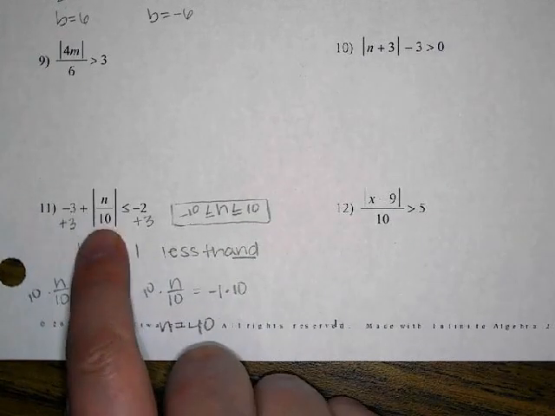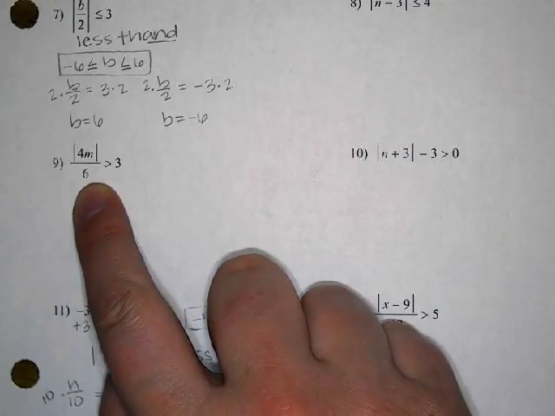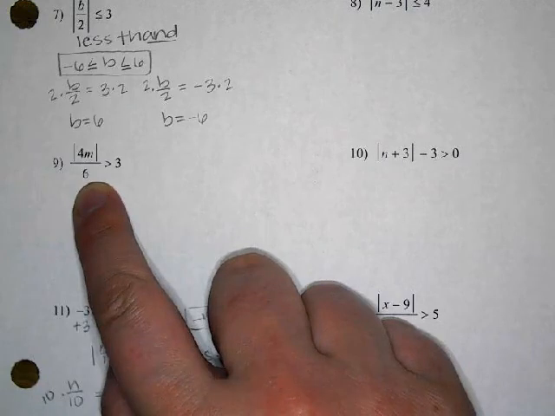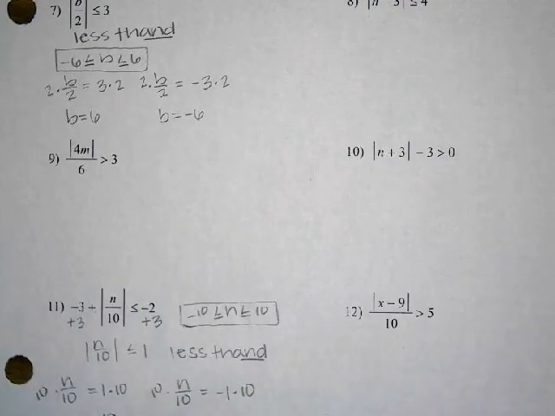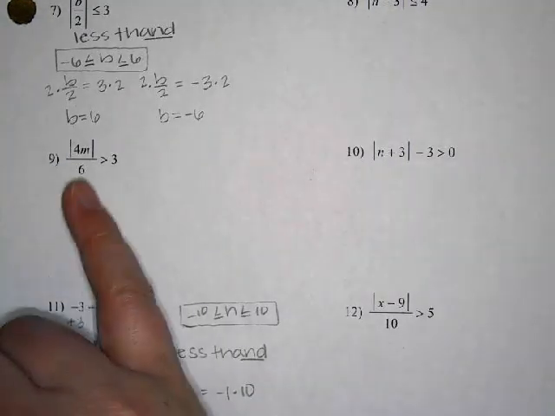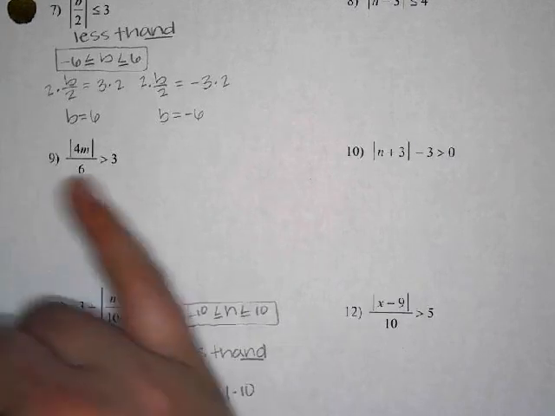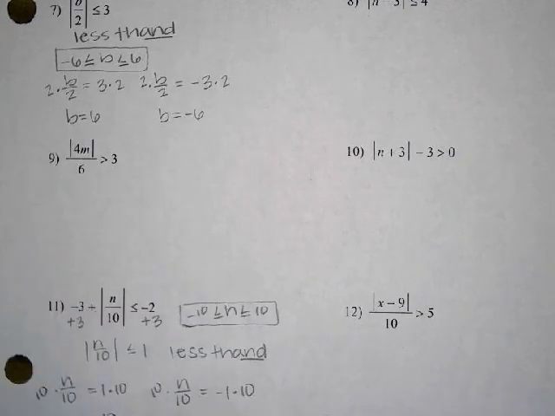This divide by 6 is not protected by the absolute value, which means it's the very first thing we can take care of. So the very first thing I would do in number 9 is I would just multiply that 6 over, get rid of that division problem. So it's not a typo. They wrote it correctly. It's meant to be different from number 11. And that was a really good question.